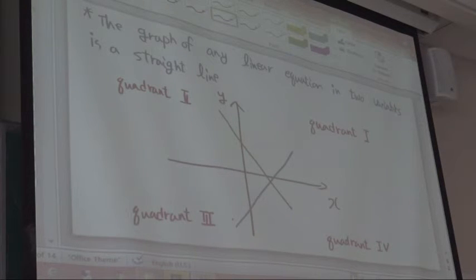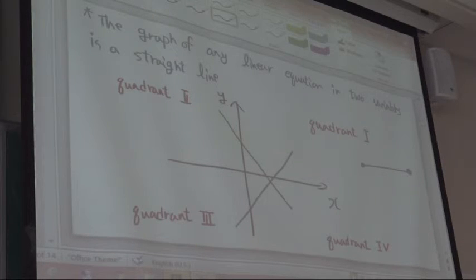I cannot draw an infinite line, so we usually stop there, but it doesn't mean that it is a segment. It is not a line segment. If we have two endpoints, like this, we say that it is a line segment. But this is not a line segment. It just goes continuously, so we say that it is a straight line, just a line.